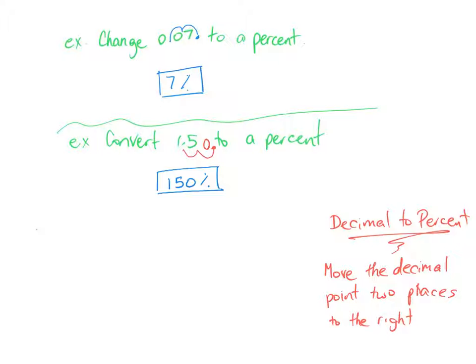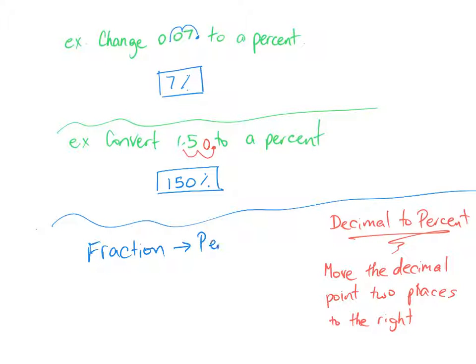So to change a fraction into a percent, all I wanted to mention in this video is that there is a step in between. We need to first change it to a decimal. Once you change it to a decimal, then you can go ahead and change it to a percent. I'll do it in the next video just to make sure you've got it down.